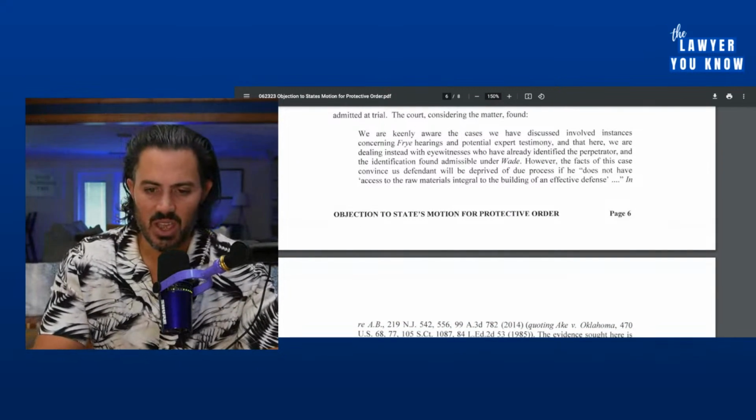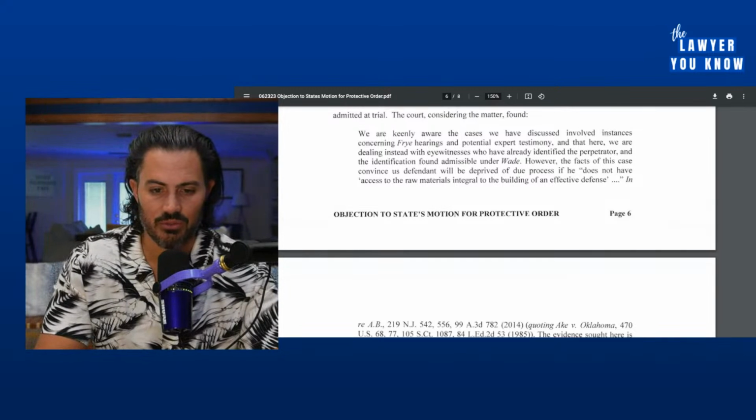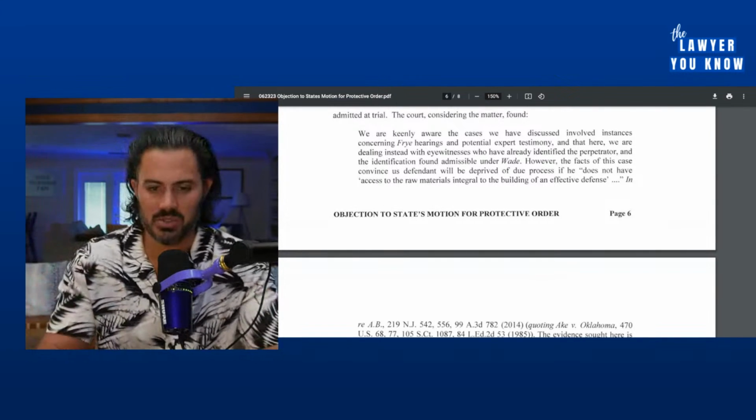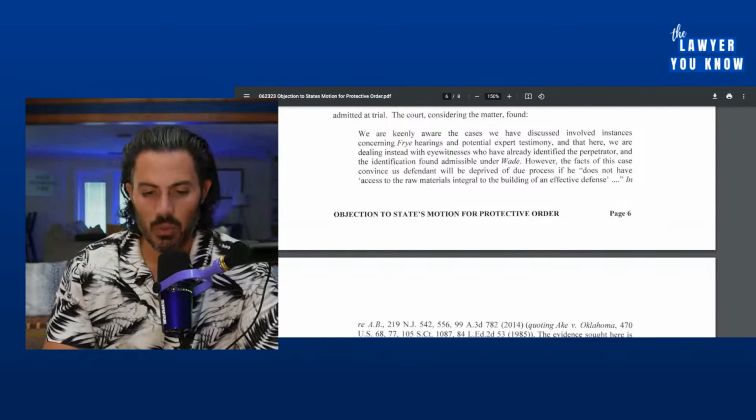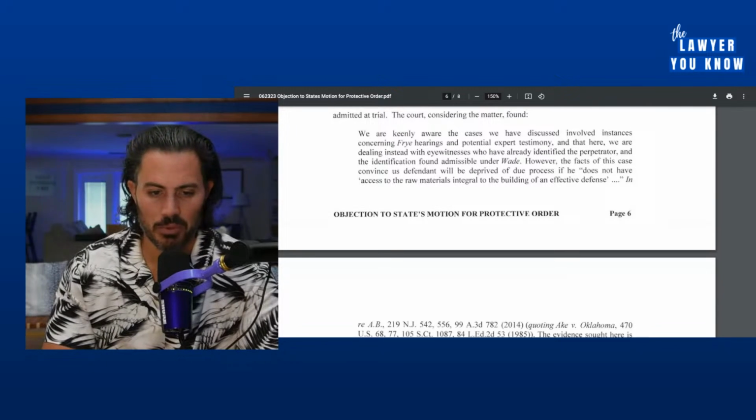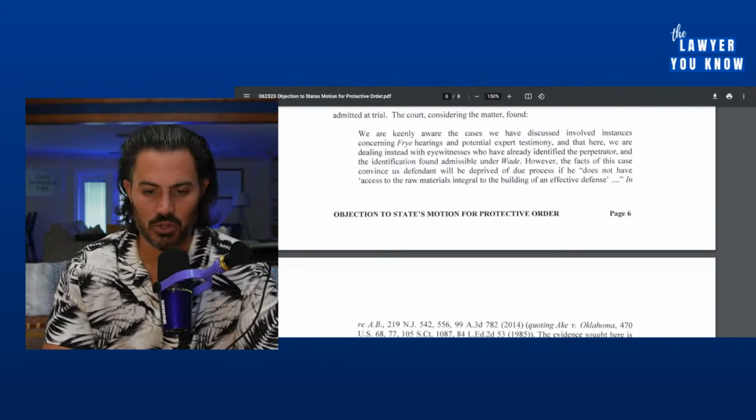The cases we have discussed involved instances concerning Frye hearings, which is like Daubert on experts, and potential expert testimony. And that here we are dealing instead with eyewitnesses who have already identified the perpetrator and the identification found admissible under Wade.